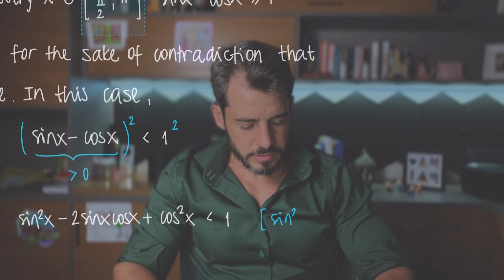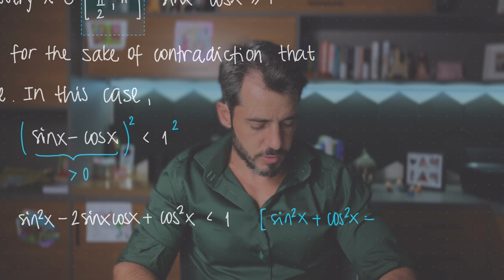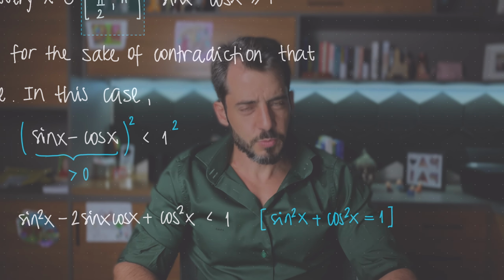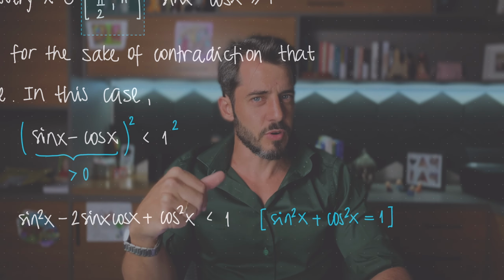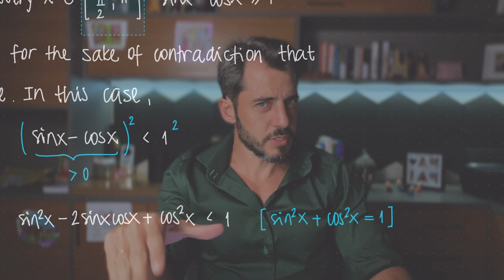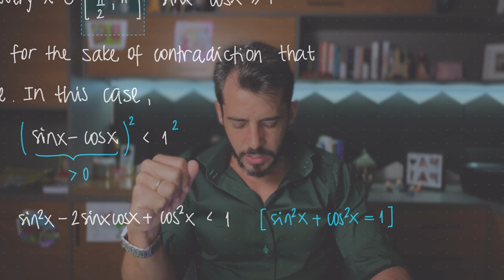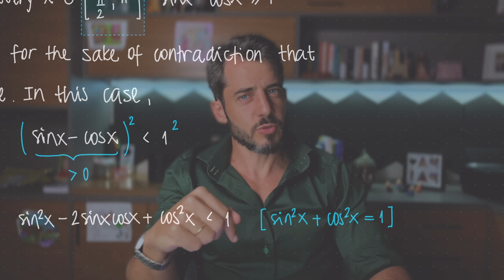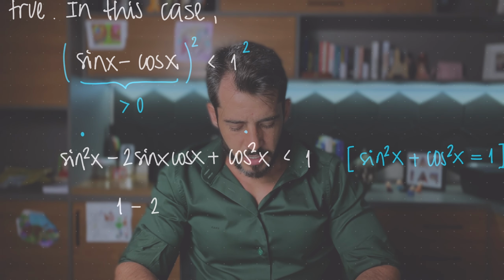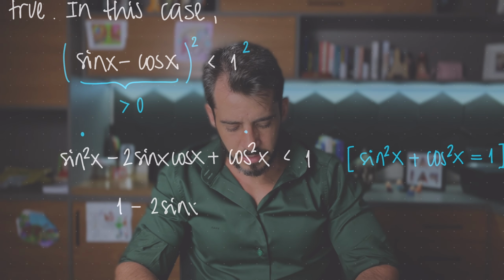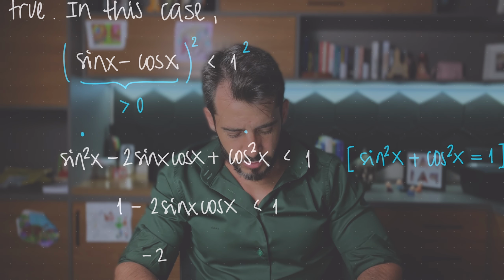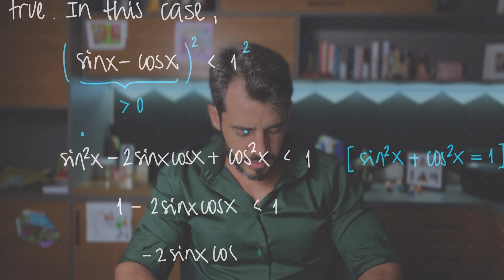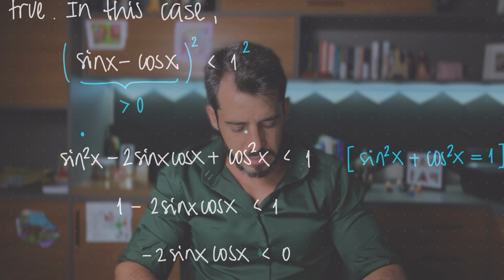Now, knowing that sine squared of x plus cosine squared of x is equal to 1, and at this point you probably realize that in order to tackle proofs by contradiction which involve trigonometry, you've got to be familiar with trig identities, we can replace this sine squared plus cosine squared by 1. So we have 1 minus 2 sine of x cosine of x less than 1, which means that negative 2 sine of x cosine of x will be less than 0.